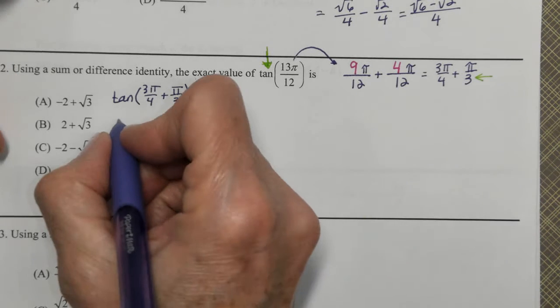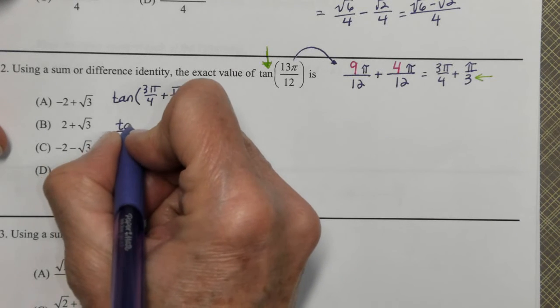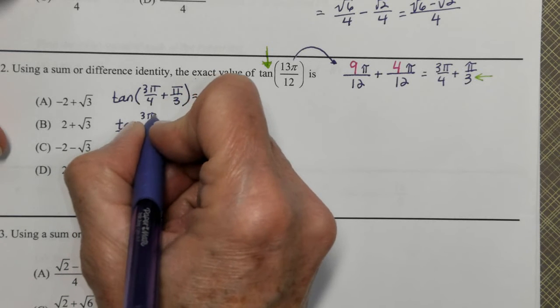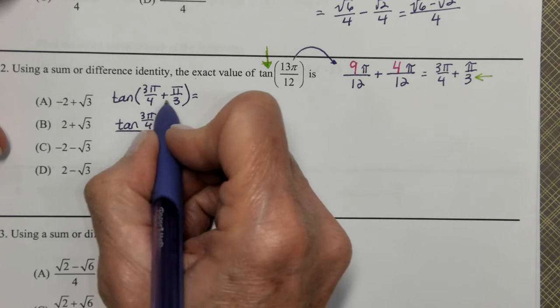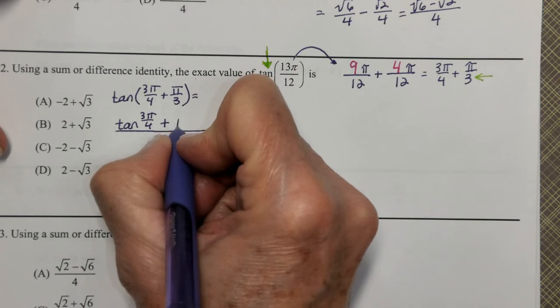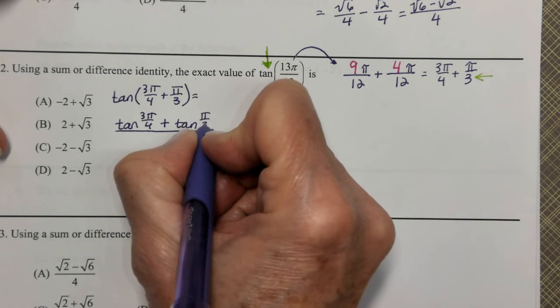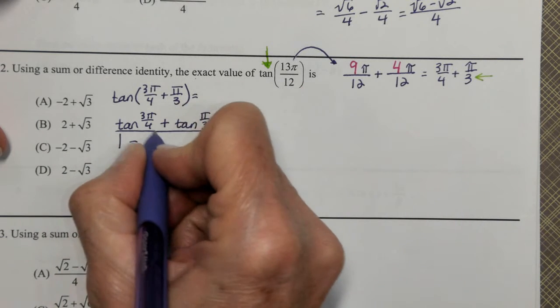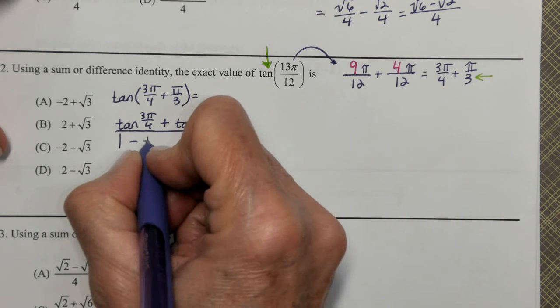So the identity is tangent of 3 pi over 4 plus, I know there's a plus right here, tangent of pi over 3, divided by 1 minus the product of those two.